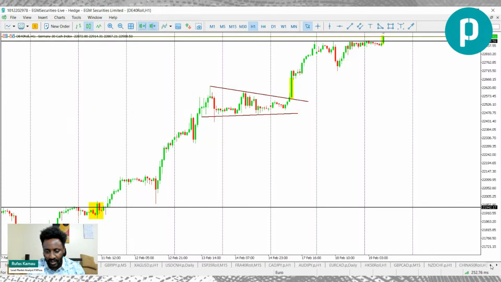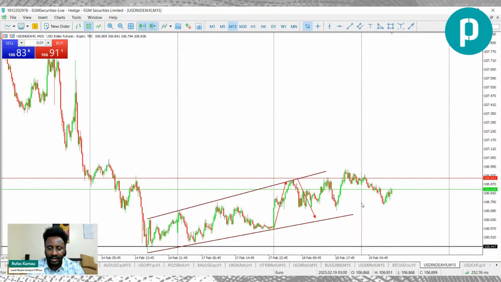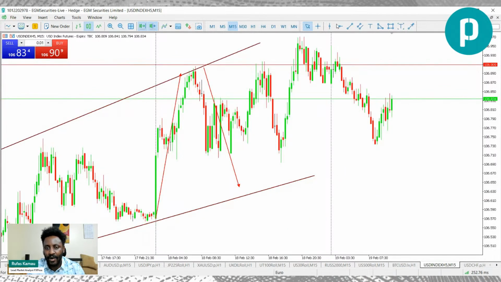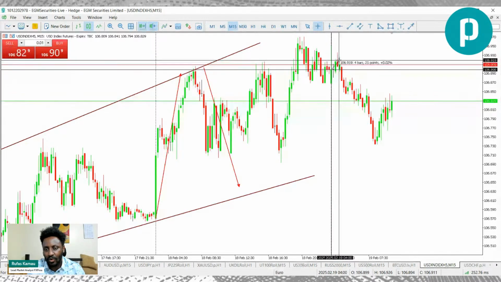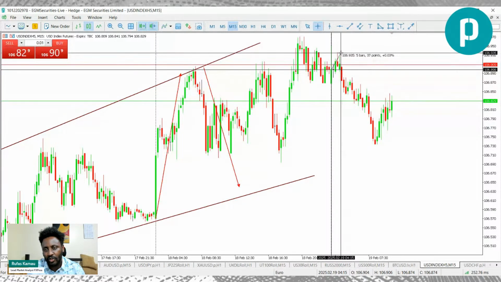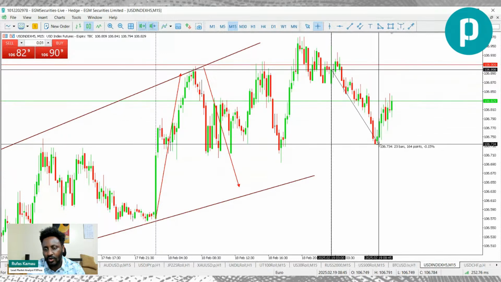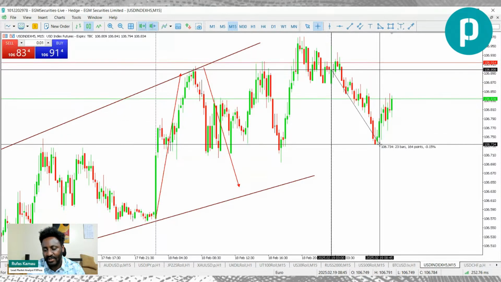So that being said, let's go back to a number of assets. So number one, is the dollar index. So if you look at the dollar index, since the market opened today, the overall performance has been a bearish momentum. So this was the closing price yesterday. So we went slightly up by 0.03%, and then we went all the way down by 0.15%.